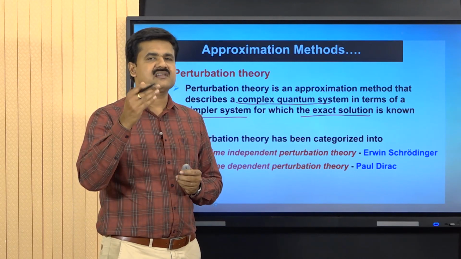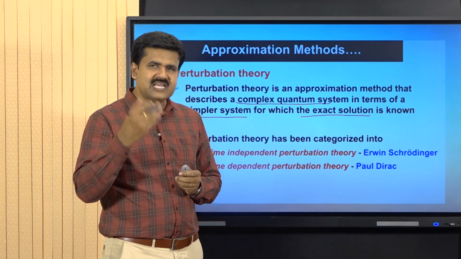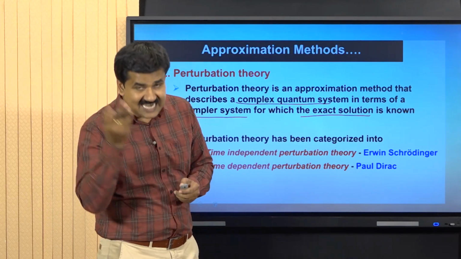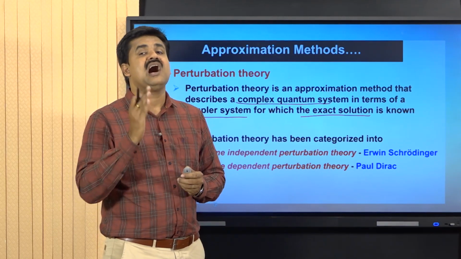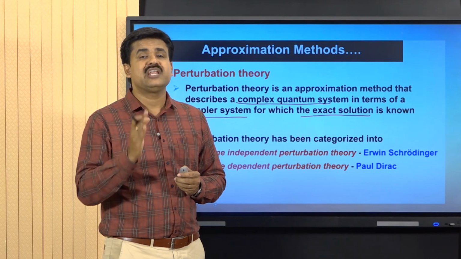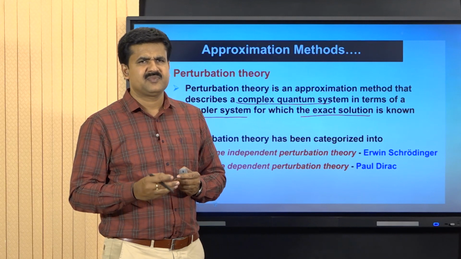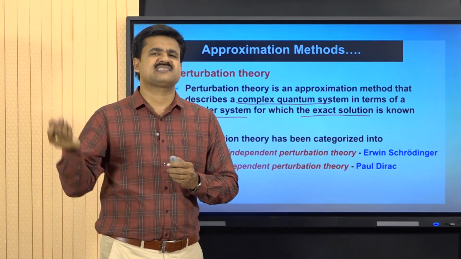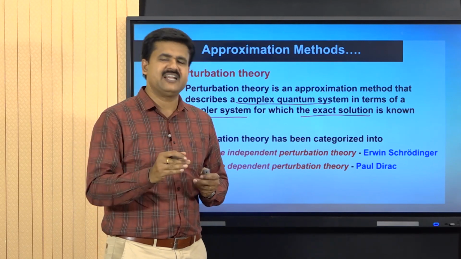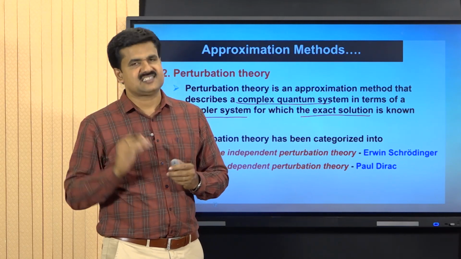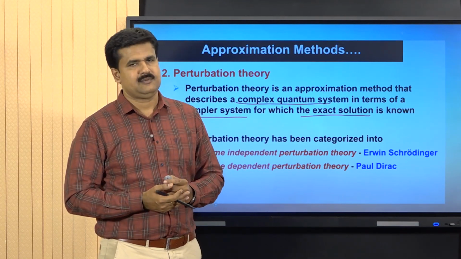So we try to solve the Schrodinger equation for a particle in a 1D box with a slanted bottom in terms of our particle in a 1D box with a regular bottom. It means that we can solve complex systems by taking already solved similar simple systems. That is what we are doing in perturbation theory.